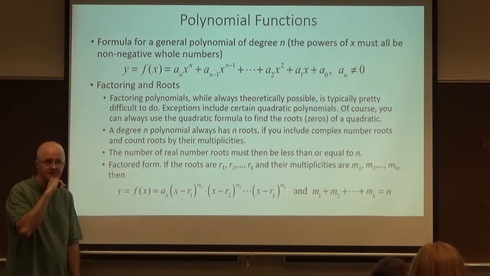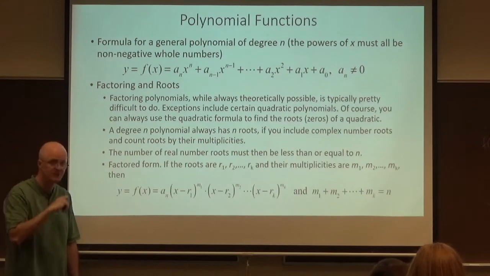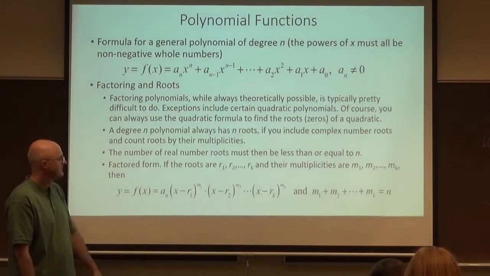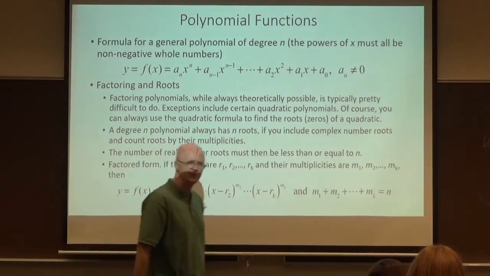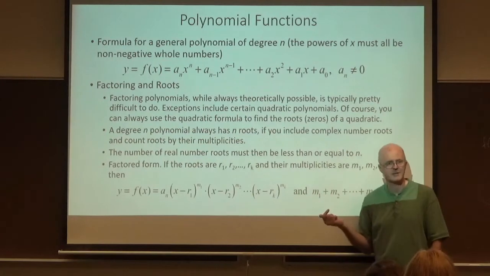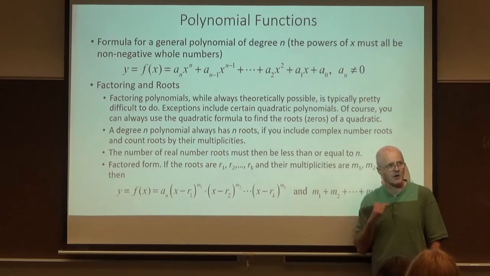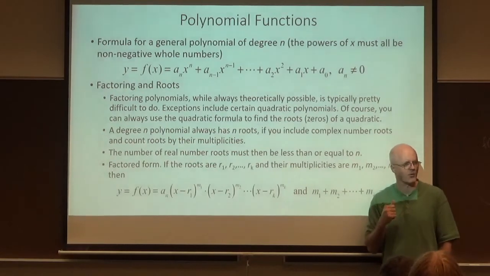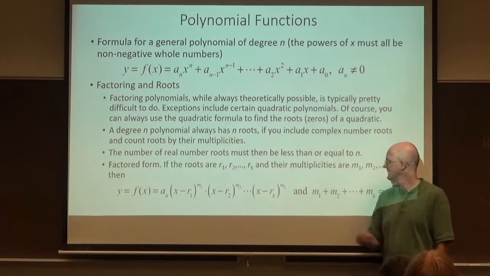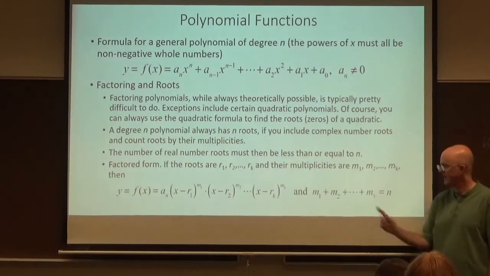So, especially for those majors, it's good to realize that theoretically you can factor it like this. Typically with most examples we do, the m's are 1. And so you would have n factors here in that case. All the multiplicities are 1. They're called simple roots. I think I called them ordinary roots last time, but the more technical term is simple roots. The m's need to add to n, and usually all these m's are 1.